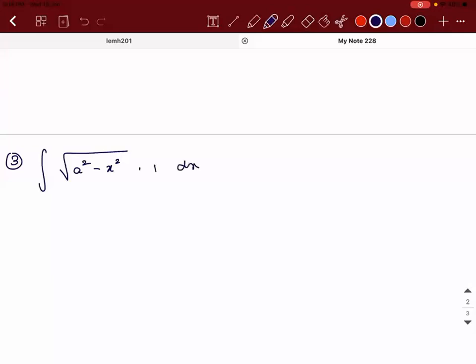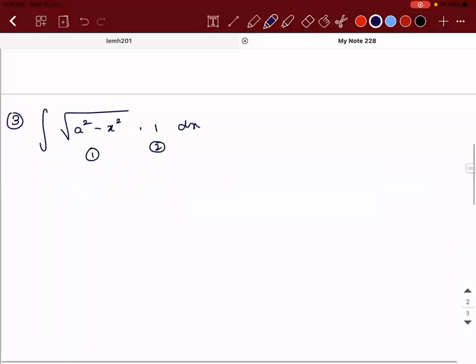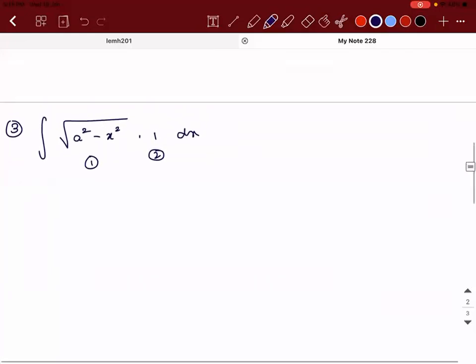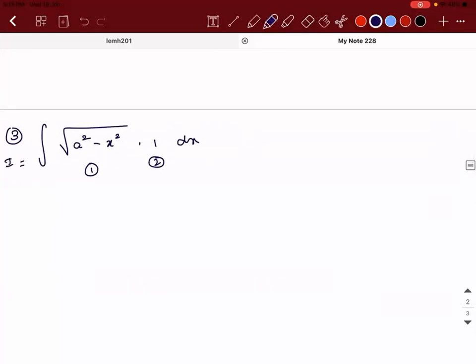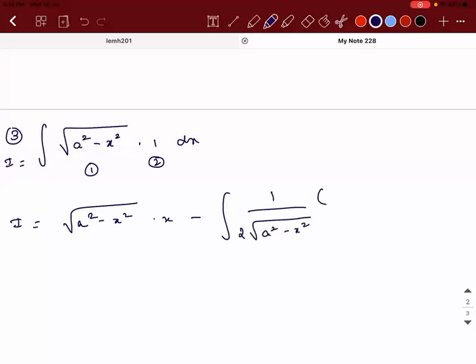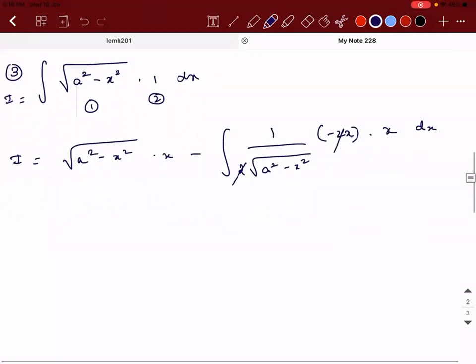Rohan, tell me. There's 1, this is 2. So I will take root over a square minus x square into x, minus integral of derivative of it, 1 by 2 root of a square minus x square into minus 2x, into x. Correct? Yes, sir. So 2 and 2 will get cancelled.